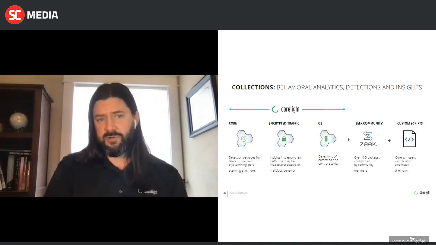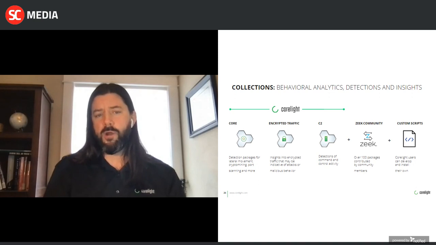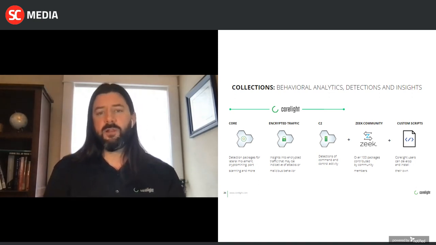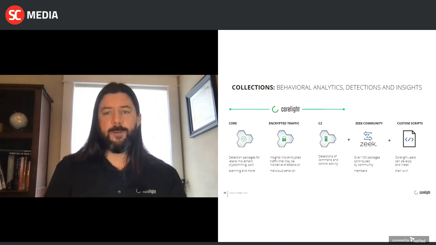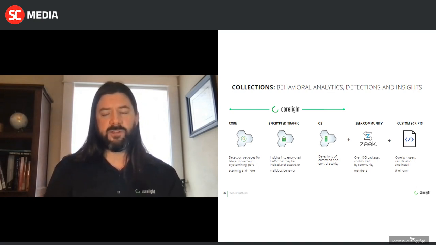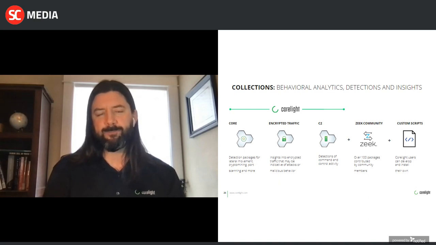A couple of interesting packages I wanted to point out. The first is the Core collection. This gives you things like lateral movement detection, cryptomining detection, HTTP stalling for when a web client executes a resource exhaustion attack on a web server, detections of long connections, and port scanning.